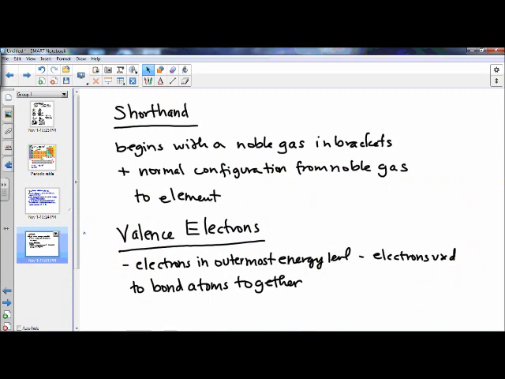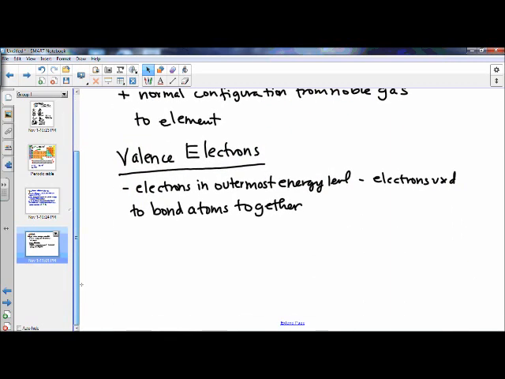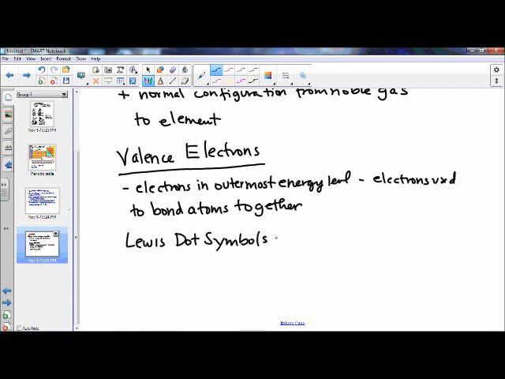Okay, so now that we know about valence electrons, we're going to do Lewis dot symbols. All they do is show valence electrons for an element.